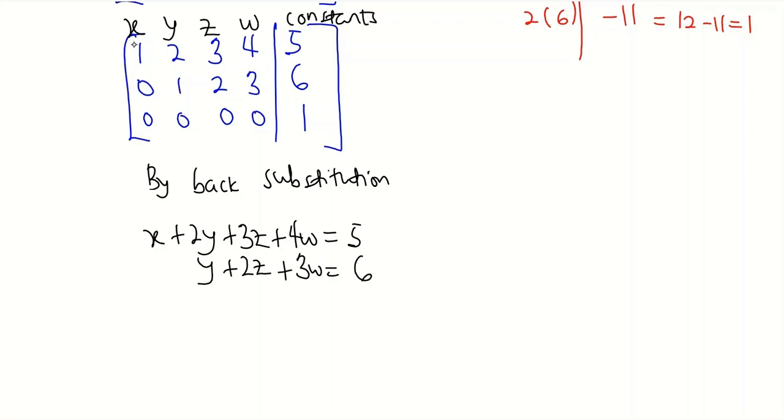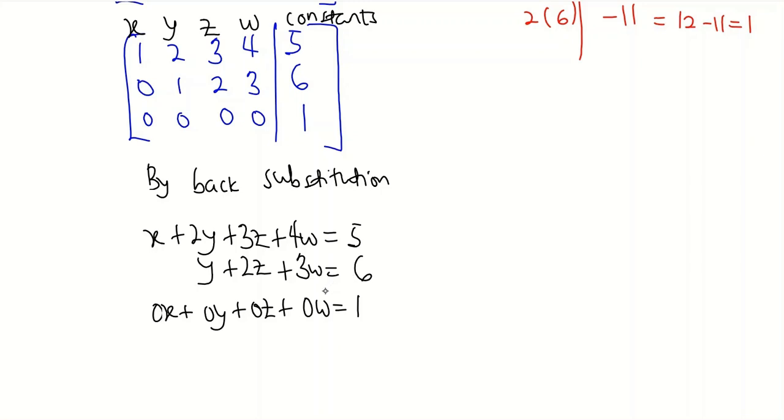For the sake of a bit explanation, let's write it properly, and we have 0x plus, we know that 0 times y, we can write something like 0y, and then 0 times z plus 0z, and then plus 0 times w, you get 0w is equal to 1. Now let's look at something critically.